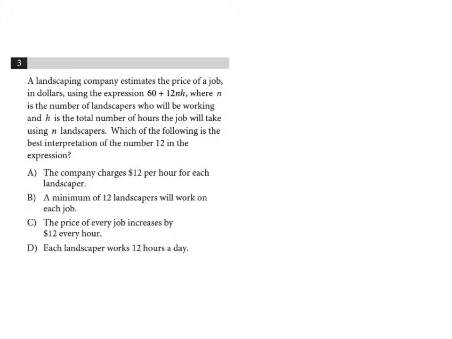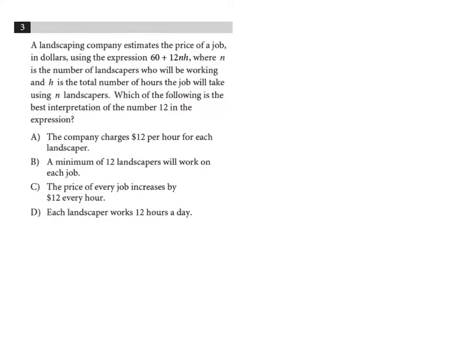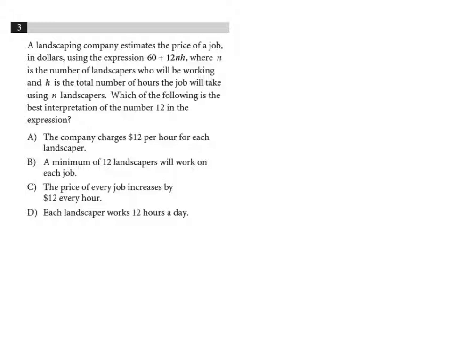Okay, next problem. Problem number 3. A landscaping company estimates the price of a job in dollars using the expression 60 plus 12NH, where N is the number of landscapers, and I'm just going to highlight that.